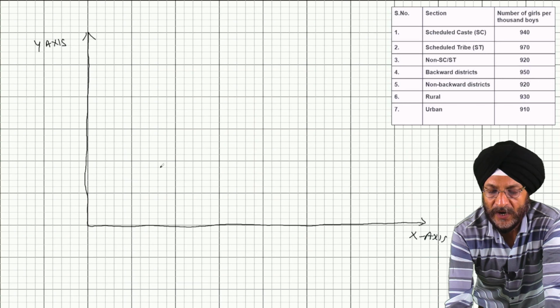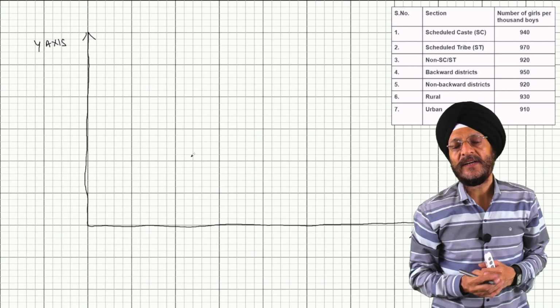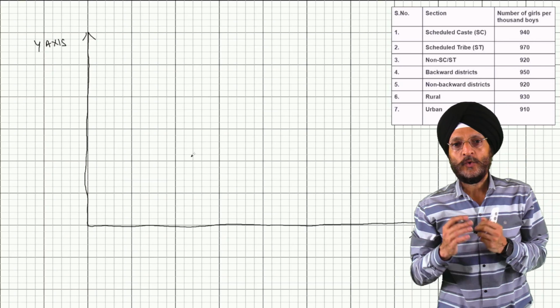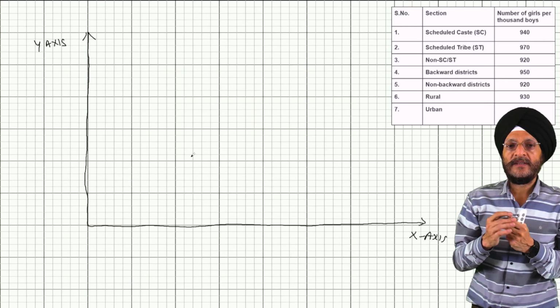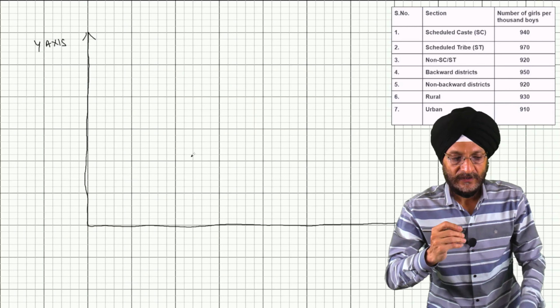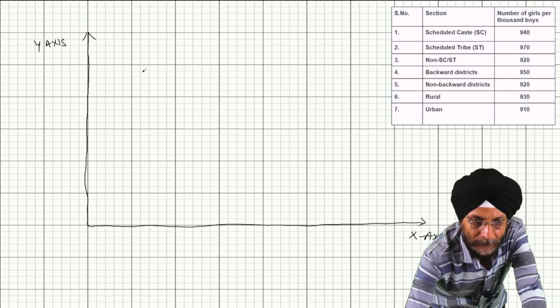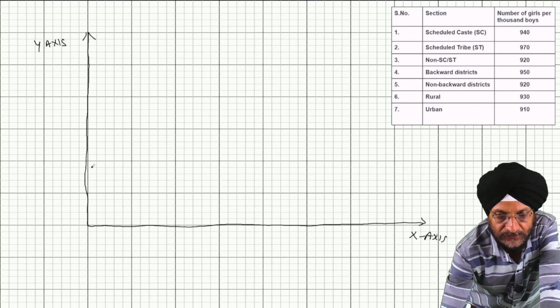Now the bars can be drawn vertically as well as horizontally. But normally the bars are drawn from the x-axis upward, that is, vertically.